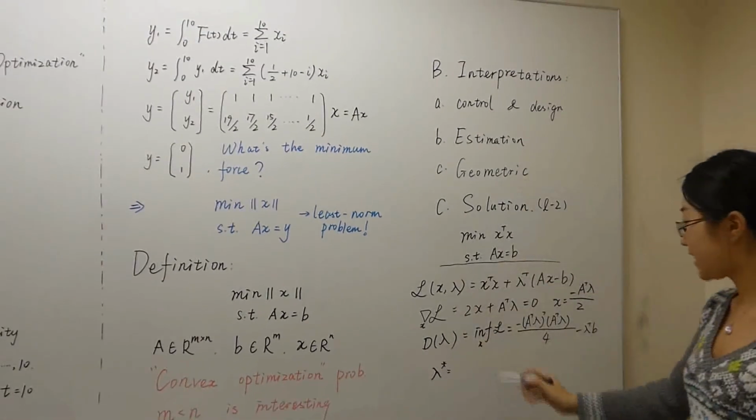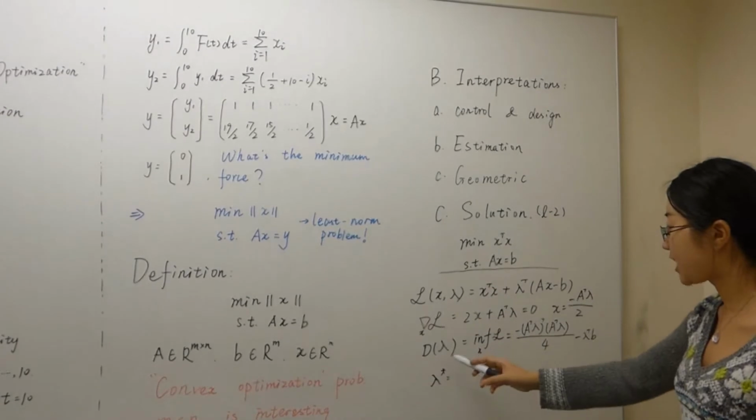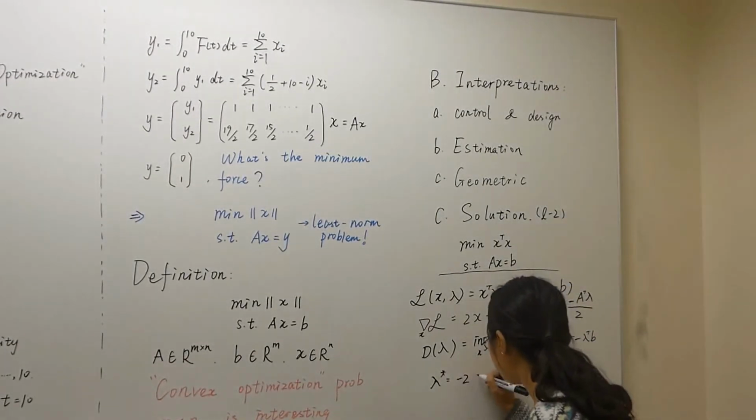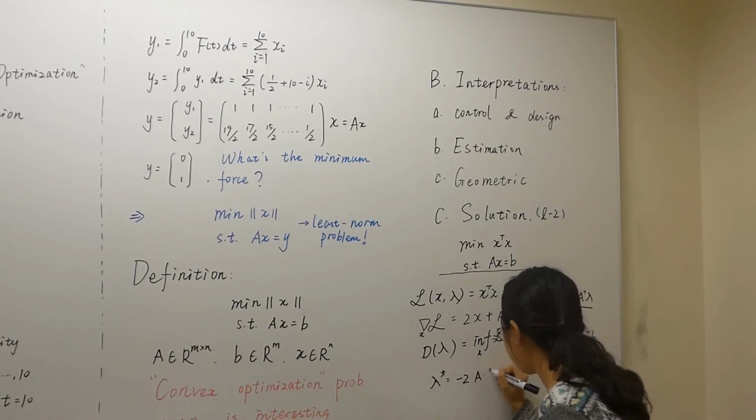And then we can find lambda star to maximize the dual function, which is equal to minus 2 (A A transpose) inverse b.